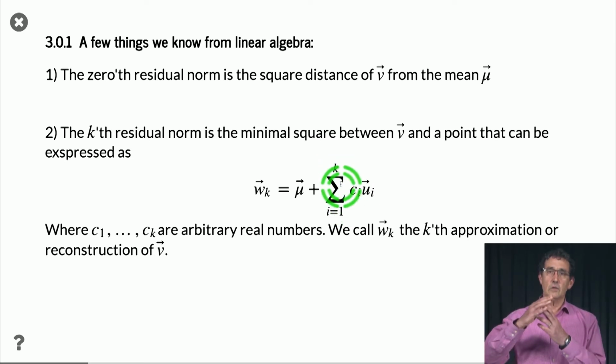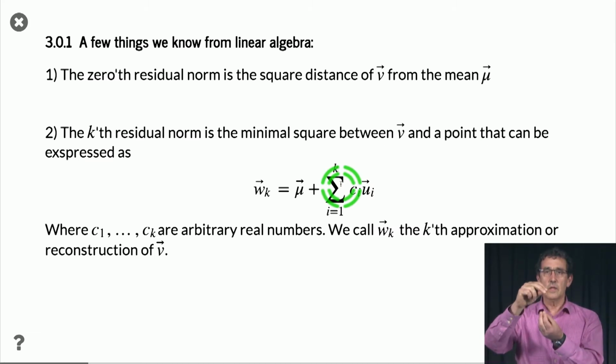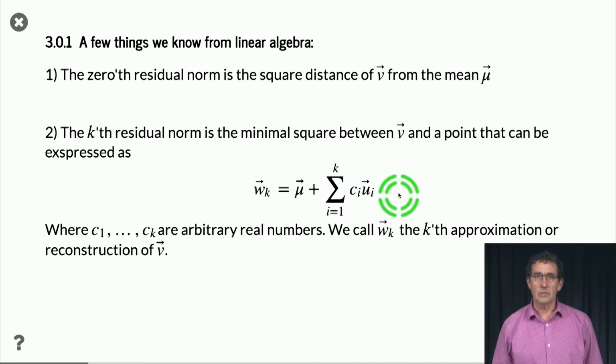So you can think about it as the first approximation I have is a point, the second approximation I have is a line, so I just choose the best point along that line. The second one is that I have a plane, and I choose the closest point to v on that plane, and so on.